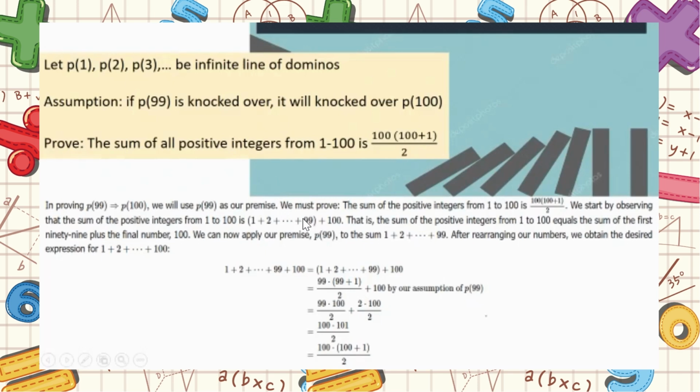And we want to prove that the sum of the positive integers from 1 to 100 is 100 times the quantity of 100 plus 1 over 2. So to start, we see that the sum of the positive integers from 1 to 100 is 1 plus 2 plus ... plus 99 and also plus 100.